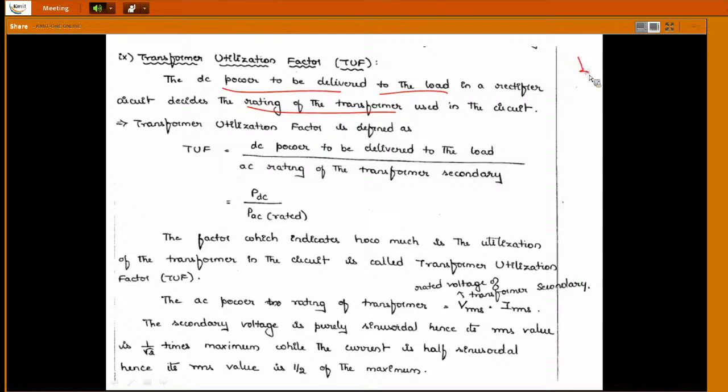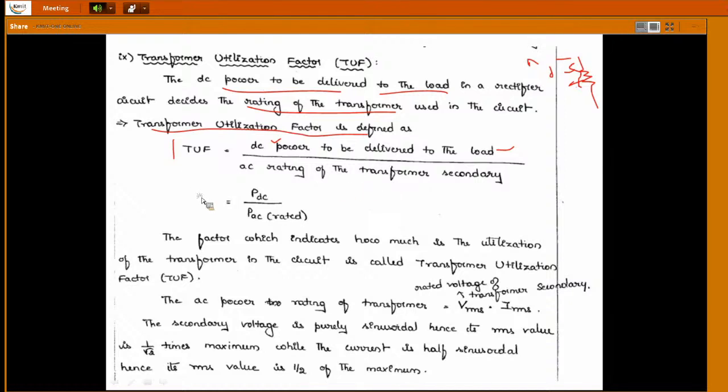If you take a load resistance here, how much DC power is delivered to the load decides the rating of the transformer, sorry, not the transistor. The transformer utilization factor, TUF, is defined as, remember this, the DC power delivered to the load divided by the AC rating of the transformer secondary winding.